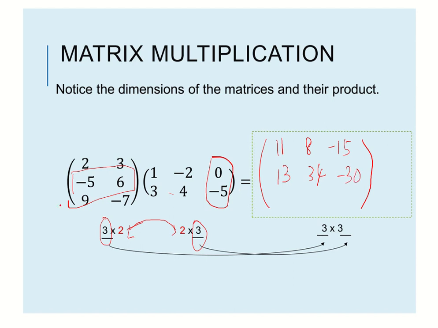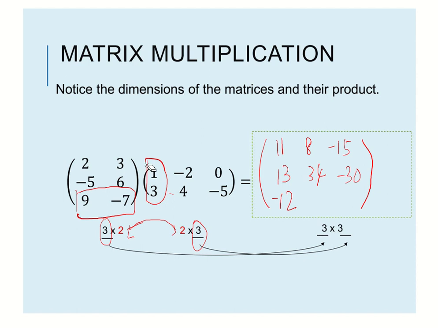All right. So after we complete the second row, now move to the third row and come back to the first column. We have 9 minus 21, so it's -12.